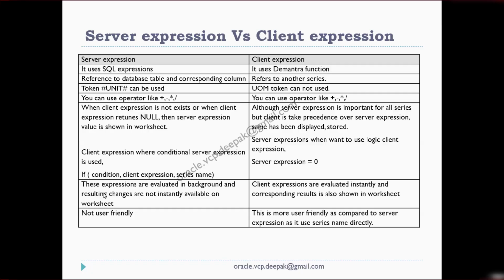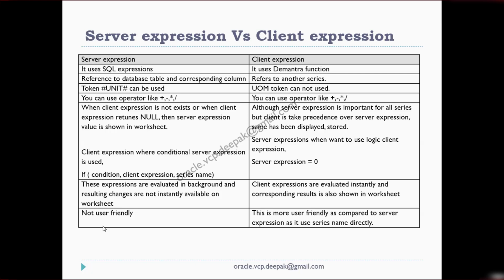The reason is that the series has a server expression, and that will be recalculated only when we run the engine. So we have to make sure which series have the client expression and which have the server expression. These are the kind of decision points.